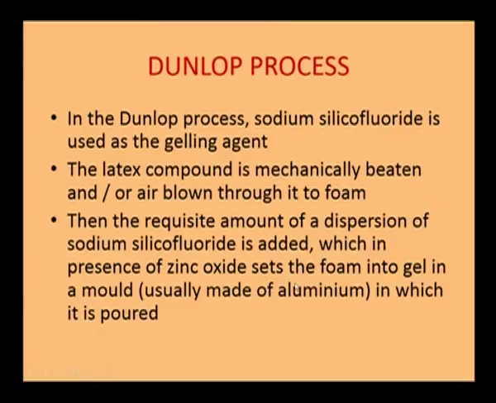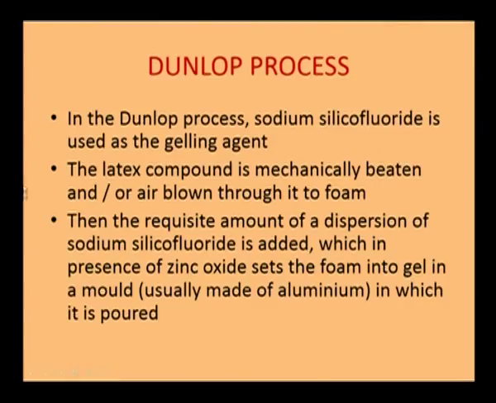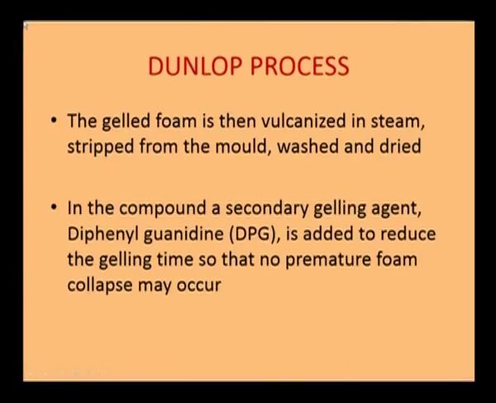It forms foam, and after the foam is formed, it is converted into gel. All this process is carried out by pouring the mixture into a mold. Specifically, you take an aluminium mold of the desired shape and pour in this latex along with sodium silicofluoride and zinc oxide. Then the gelled foam.